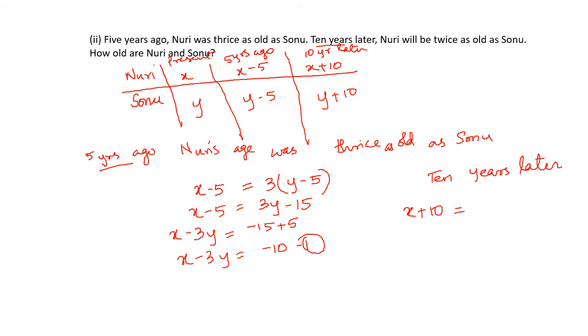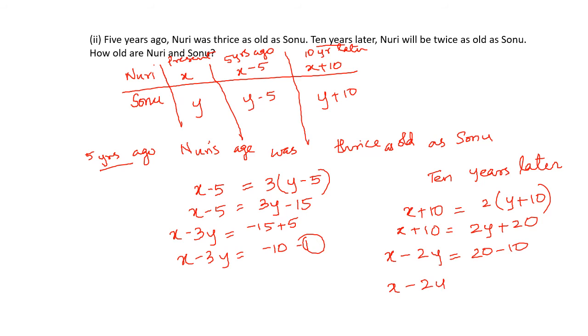That will be equal to 2 times the age of Sonu, 2 times y plus 10. So what do we get here? x plus 10 is equal to 2y plus 20. So you get x minus 2y is equal to 20 minus 10, so x minus 2y equal to 10. This will be our second equation.